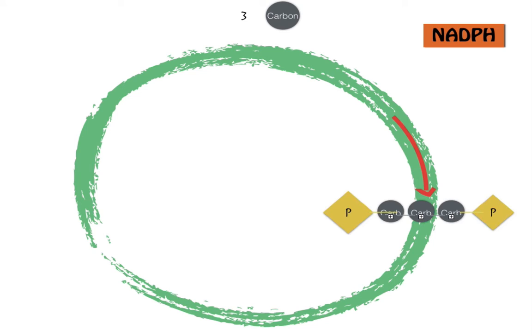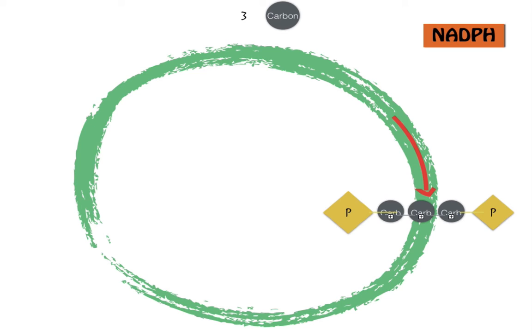Now, we have this molecule that has energy stored inside of it, right? Do you remember where that energy came from? It came from the ATP from a previous couple of steps. But there's still more energy to be absorbed in this system. And that energy comes from the molecule you see at the top right called NADPH. Remember, this NADPH molecule comes from photosystem 1, back in the light-dependent reactions.